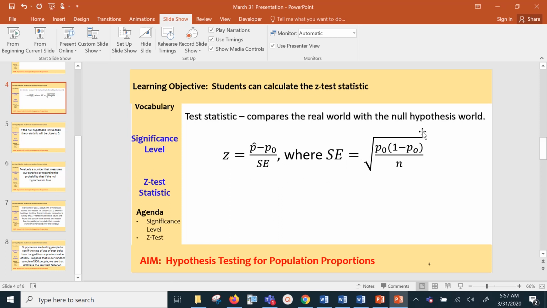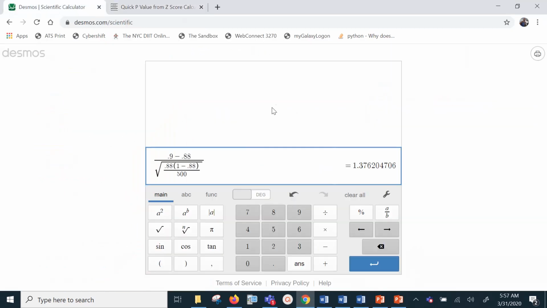You have to find the standard error, and then you have to take the sample proportion minus the null hypothesis proportion and divide it by the standard error. And to do that, you can use the Desmos scientific calculator, desmos.com/scientific, and that's all you have to do this week. Okay? Okay.